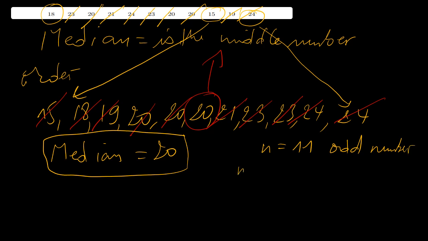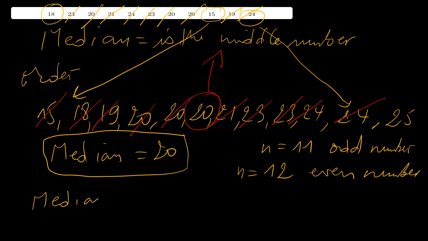Suppose that we have n equal to 12, and we add here, for instance, 25. So here n is an even number. In this case, the median is the average of the two middle numbers. The two middle numbers here are 20 and 21.